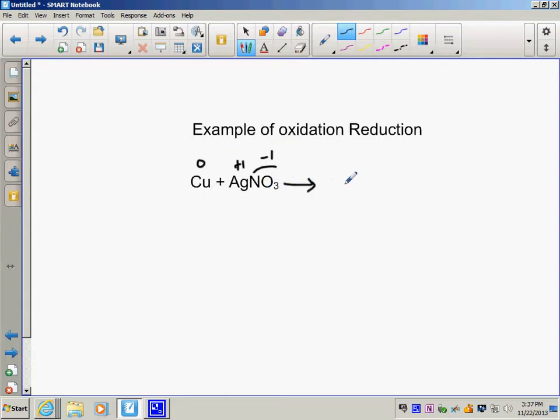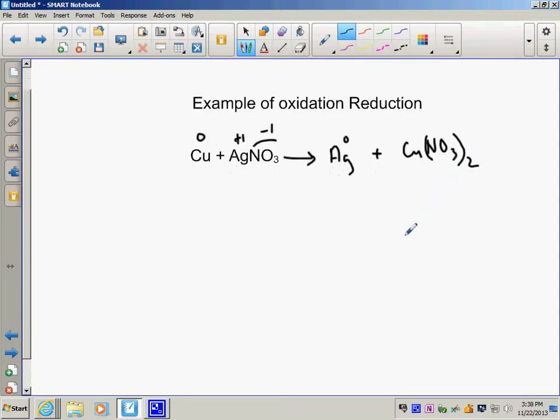The result of this reaction is going to be Ag by itself, metallic metal, and the copper will be in the reaction like so. All right. Now, for this particular reaction, we have both oxidation and reduction. The copper went from copper with no charge to copper +2, nitrate stayed -1.